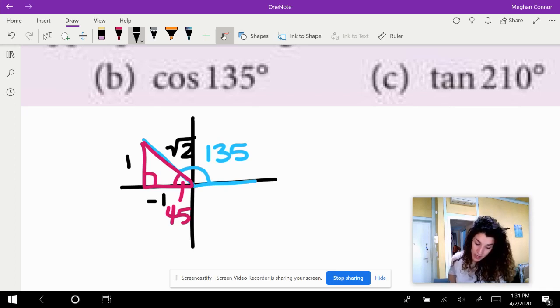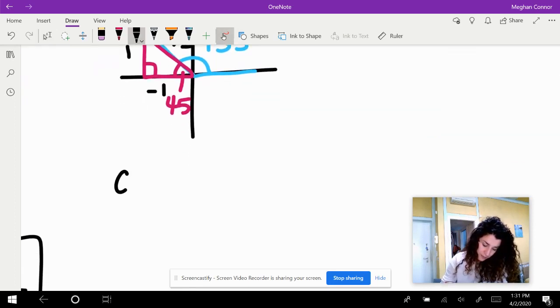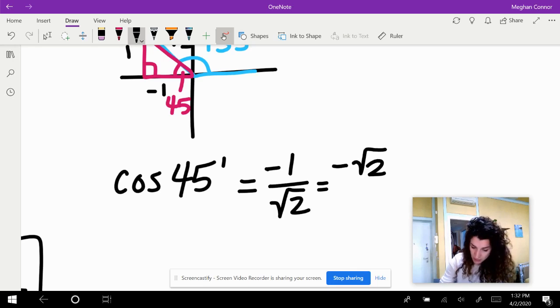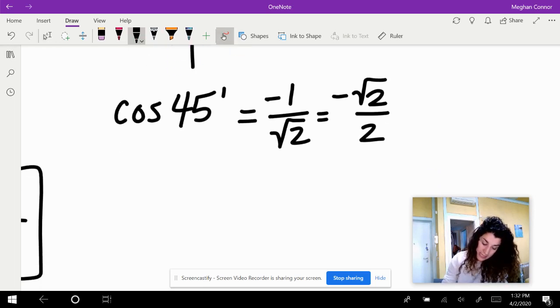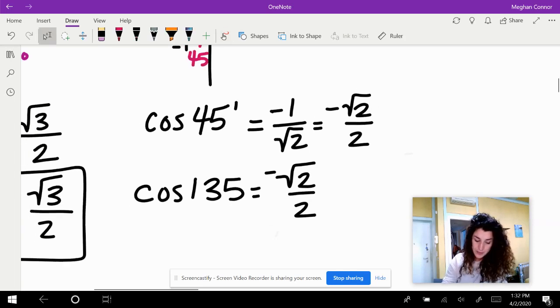So finding cosine of 135 is going to be cosine of this 45-degree angle. I'm going to call it 45 prime again, just so you realize that it's not actually the cosine of 45, but it's the cosine of 45 in this situation, which means that cosine of 135 is going to be negative square root of 2 over 2.